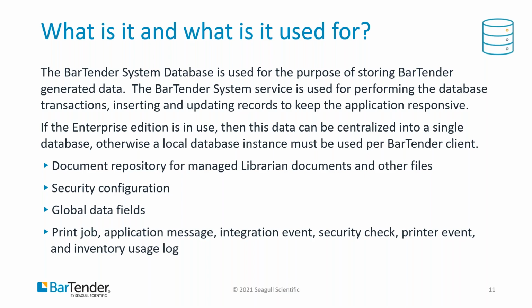And related to this is the BarTender system service, which is a Windows service which is used for performing the various database transactions, for inserting and updating records, and thereby keeping the BarTender application responsive. So its purpose is to perform those transactions where records are added or updated to the system database.